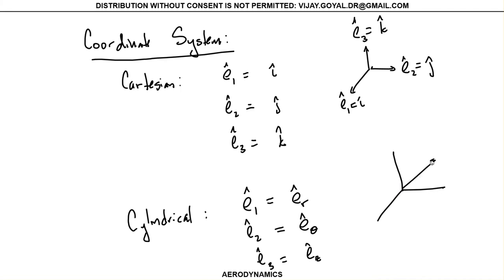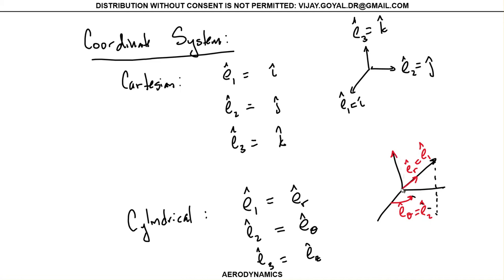So if I have this vector and I have a rotation here, what's going on in this direction is my E R, that is my E1. This rotation, the vector in the theta direction, is E theta, and that would be my E2.